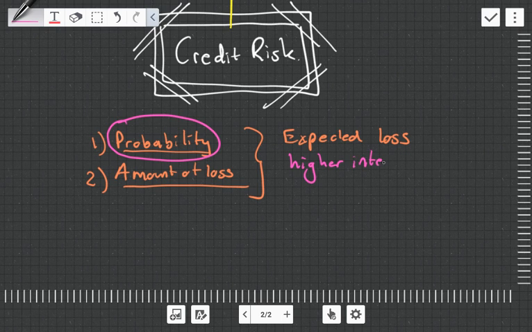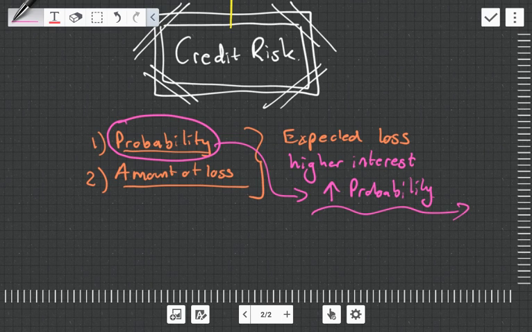So if there's a high probability that you're going to default, the financial intermediary will charge you a higher interest. The interesting thing, though, about charging a higher interest is the higher interest you charge, the more you're going to increase the probability of default. Think about it. If you only have to pay 10% back, that's much easier to repay than, say, 20%, and therefore there will be that higher probability.